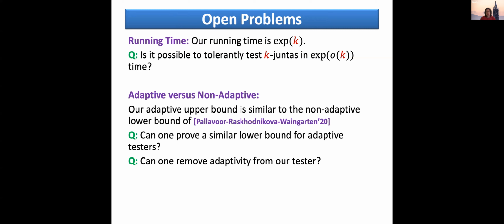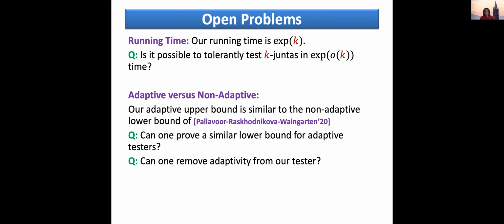Another natural question to ask is the power of adaptivity in the context of k-junta tolerant testing. So our adaptive upper bound looks similar to the non-adaptive lower bound that we saw a few slides ago. And so there are two obvious questions here.